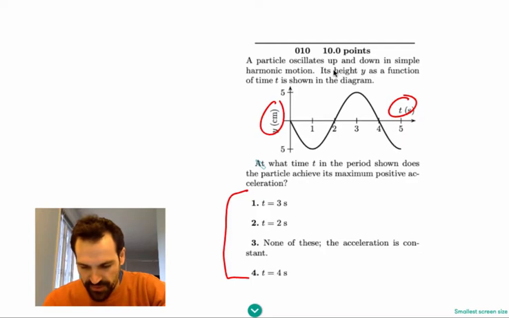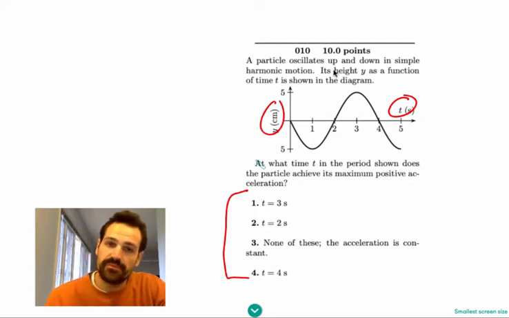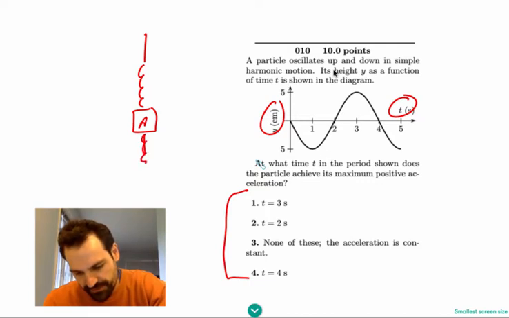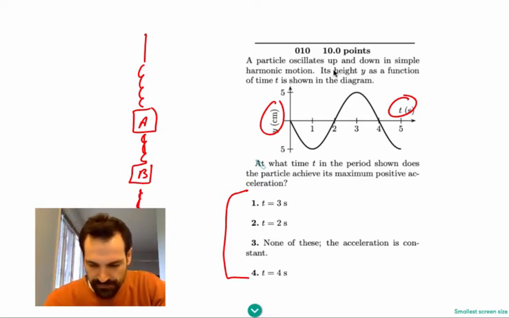At what time during the period does the particle achieve its maximum acceleration? Keep in mind, maximum acceleration is caused by force. So as it oscillates from position A to position B to position C, it's going to be greatest when the restoring force is the greatest.